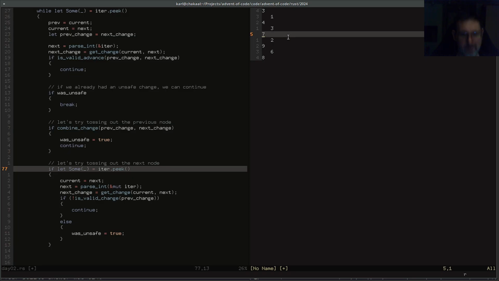And so if we, let's make that 5. So that puts us in the same situation, right? But tossing out the previous one, tossing out the next one is going to work.